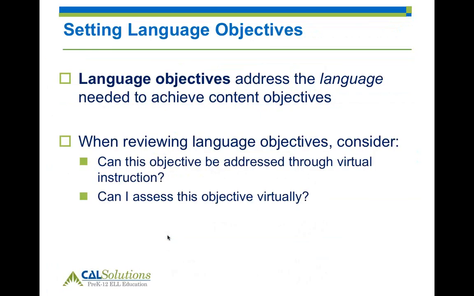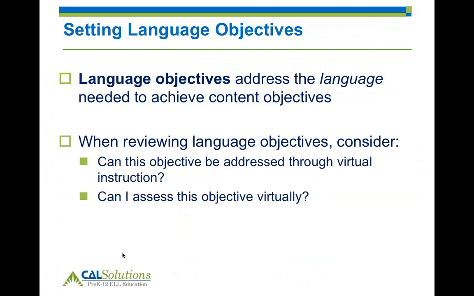So if we move ahead, I'm going to just talk a little bit about language objectives. If you're familiar with the SIOP model, these are coming from that perspective. And we're not going to spend too much time on setting objectives today, but these are objectives that address the language needed to achieve content objectives.